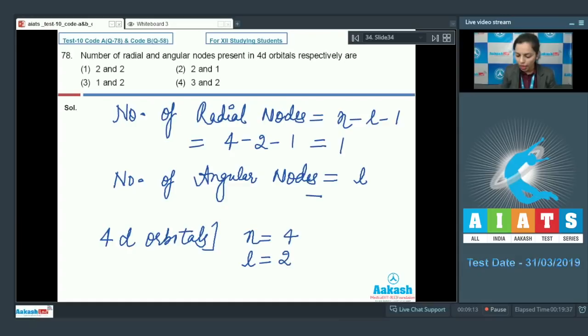The number of angular nodes is equal to the L value, that is 2. So the correct answer is 1 and 2 respectively, and that's correctly given here in option 3. So this is your correct answer.